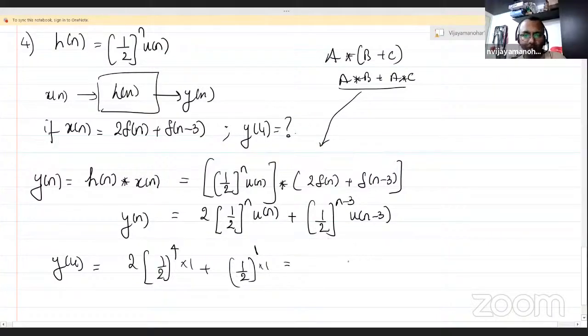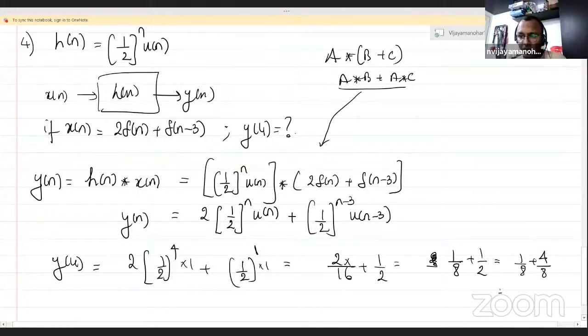So this is 2 into 1/16 plus 1/2, which is nothing but 1/8 plus 1/2, which is 1/8 plus 4/8, which is 5/8, which is 0.625. This is the correct answer.